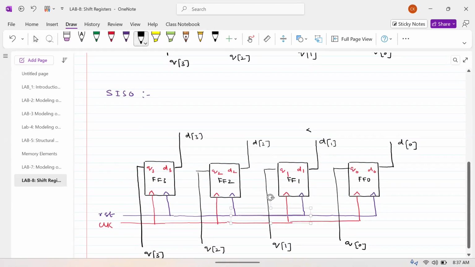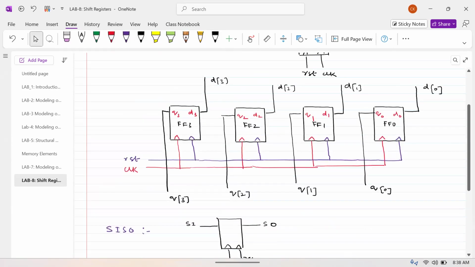As you can see here, we have only one serial in data, nothing else here, right? We have a clock signal, we have a reset signal. As I told you, it's a 4-bit serial in, serial out.